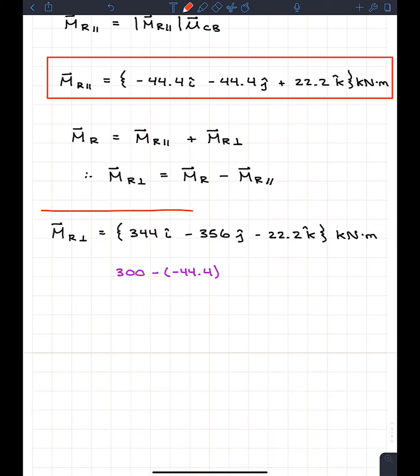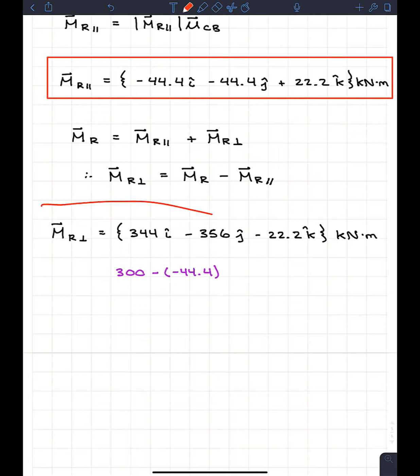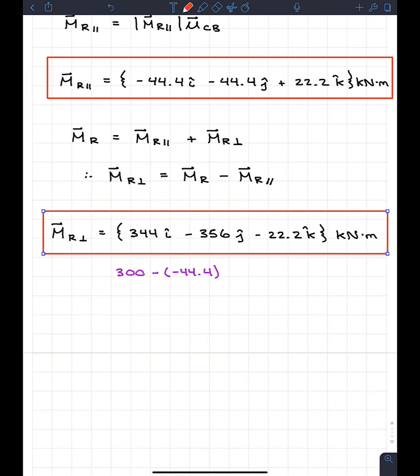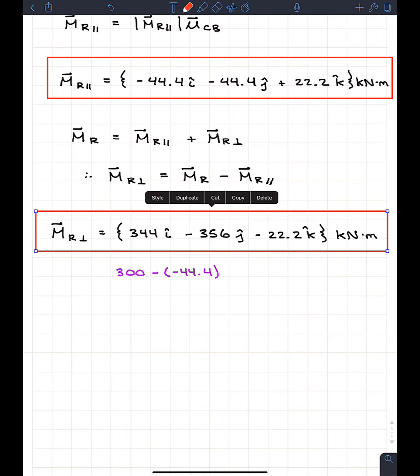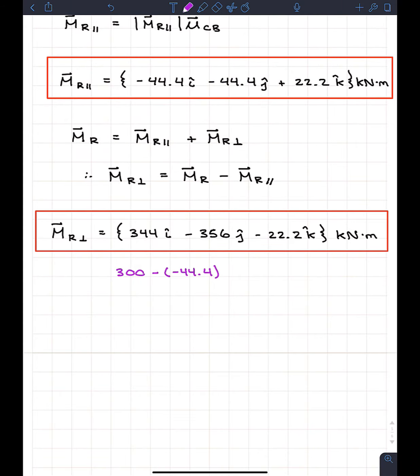So what we're going to do is throw a nice box around it. This won't work at all, will it? Yeah, nope, that did not work. All right, let's try this again. Oh, that one worked just fine. So this is our final answer. And what I can do now is put the purple over top to show where I get this value from. Like this. But that's the second part of the question.